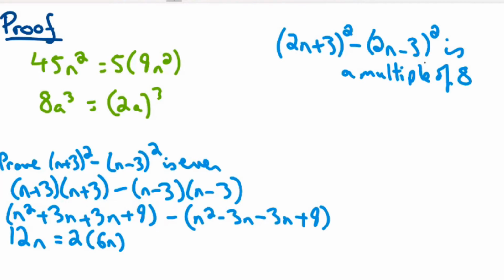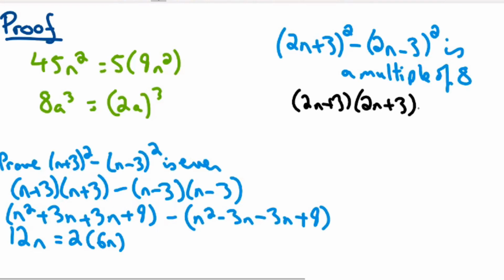Alright, so first of all, as we did down here, we're going to want to expand our brackets first. So here, expanding this, we're going to have 2n plus 3, 2n plus 3, and here minus 2n minus 3, 2n minus 3. First by first, it's going to be 2n times 2n. That's 4n squared.